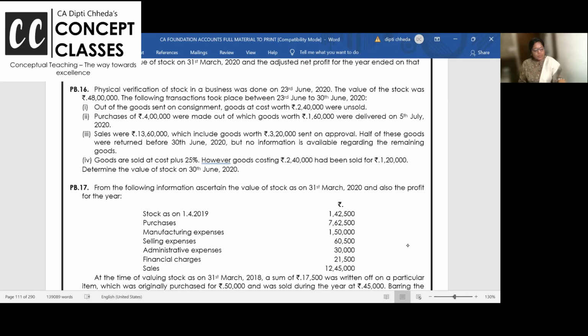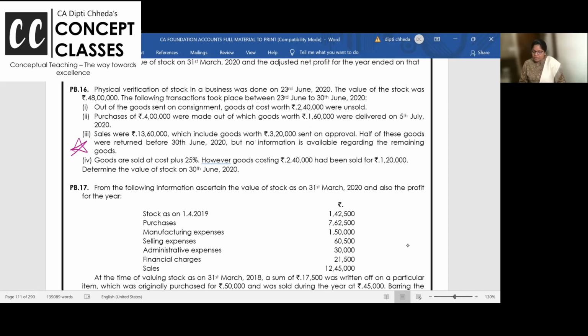Next, sales were 13 lakh 60,000, which included goods worth 320 sent on approval basis. Now this in itself is a chapter, and we haven't done that chapter yet, so I have to introduce this concept first.